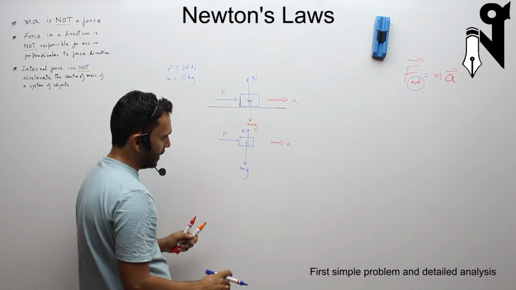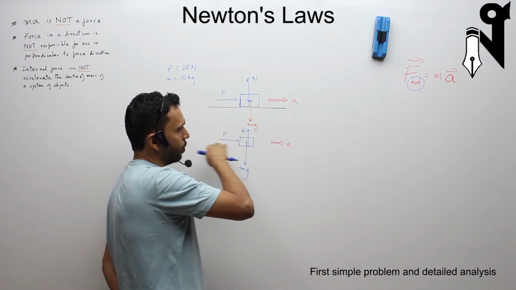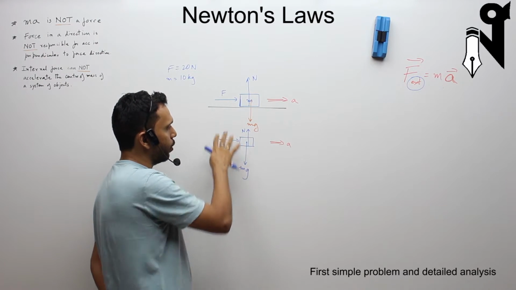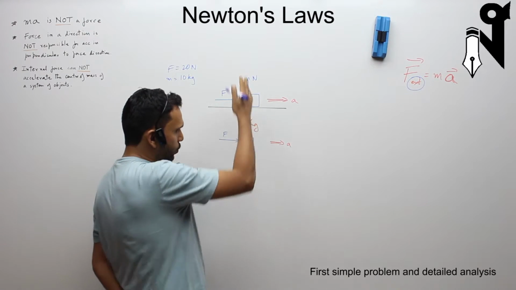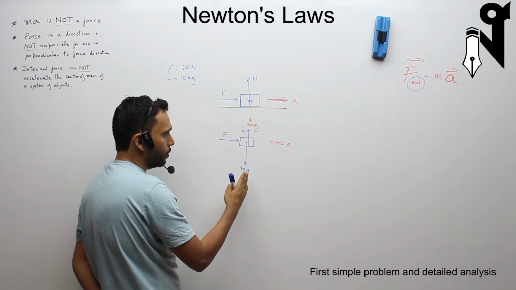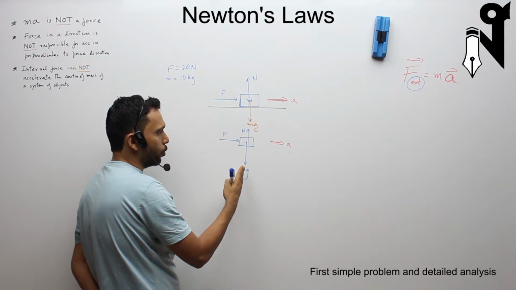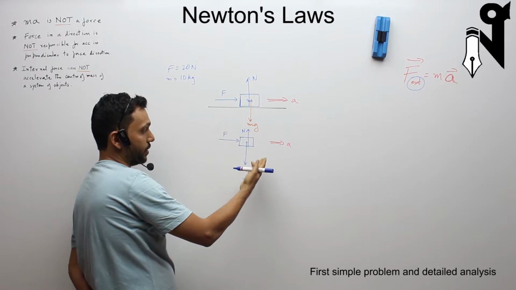No, no other force. Now we can resolve all the forces in the direction of acceleration and 90 degrees to it. Thankfully all the forces are in the direction of acceleration and 90 degrees to it. The ones which are 90 degrees to it are not responsible for the acceleration; they are responsible for a perpendicular acceleration, which is not present in this case.